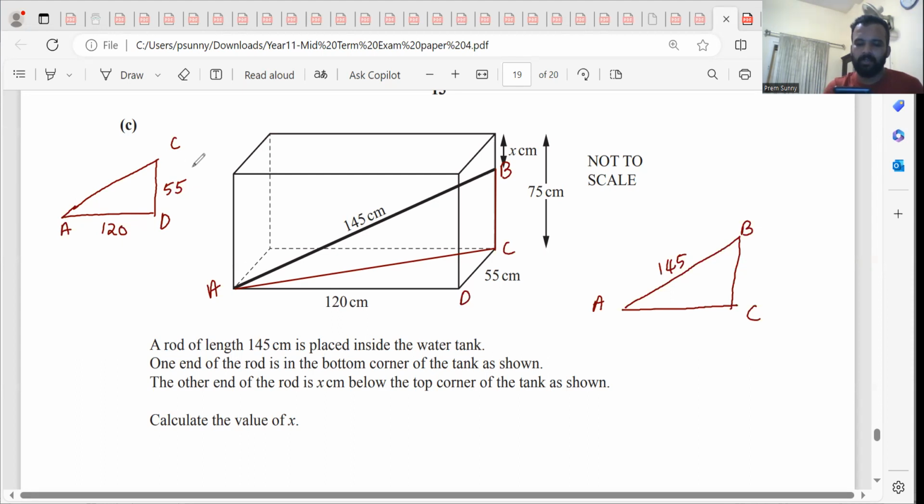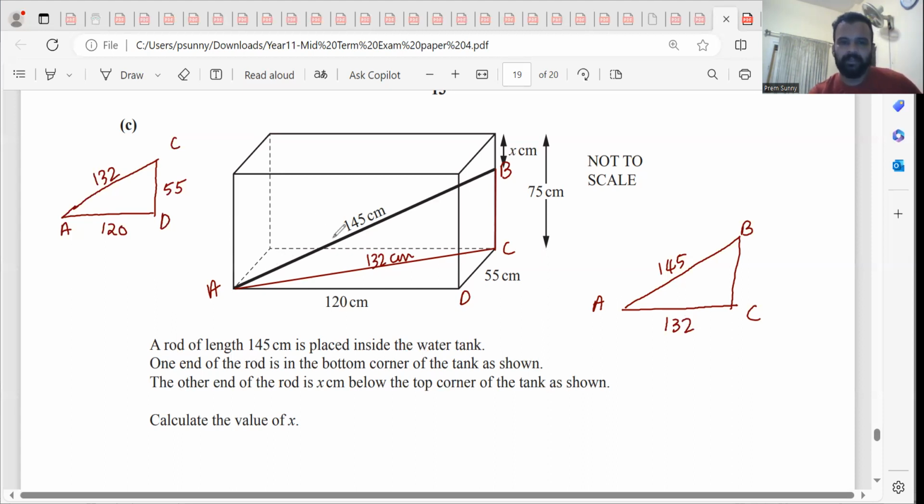So 120 square plus 55 square, when you take the square root of it, you will get it as 132. You will get this side length as 132. That means AC is 132 centimeter.